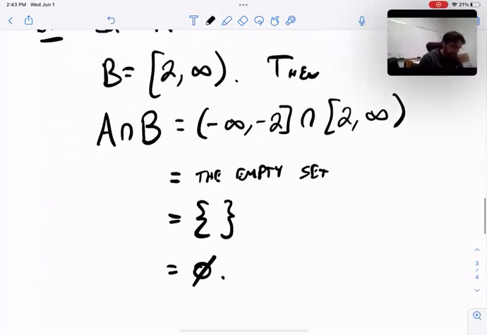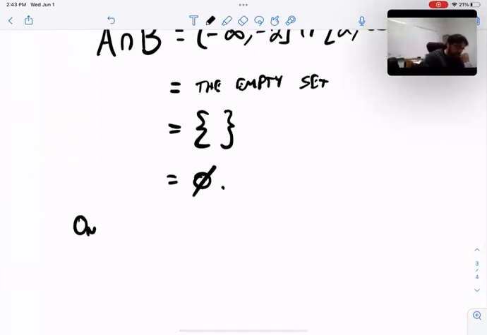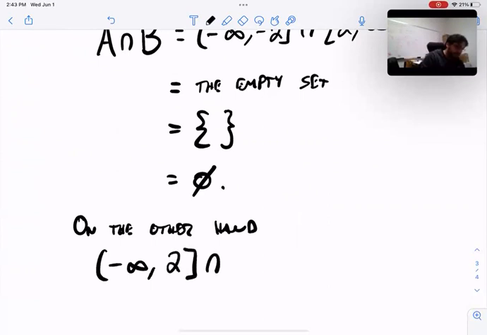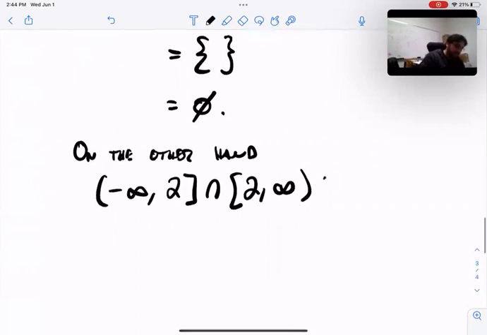Here's another example. Suppose I had negative infinity to 2 intersect with 2 to infinity. Well, those intervals do actually have an intersection. They intersect at just one point, just 2.